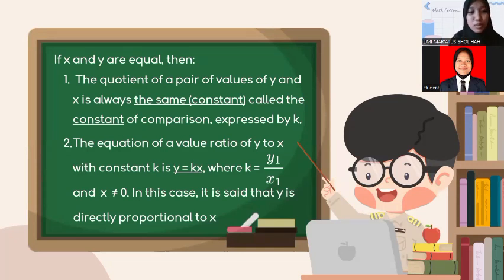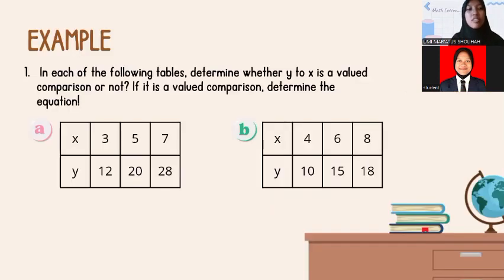And the equation of a value ratio of y to x with constant k is y equal to k multiplied by x, where k equals y1 divided by x1 and x not equal to 0.